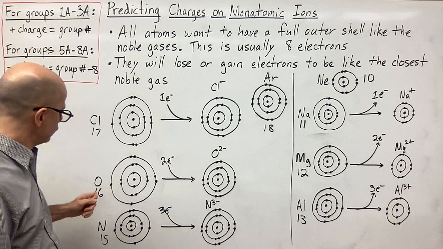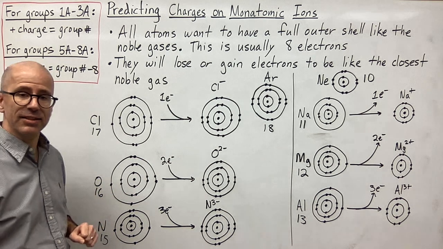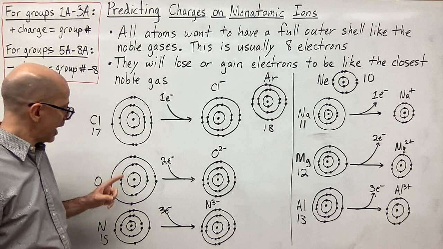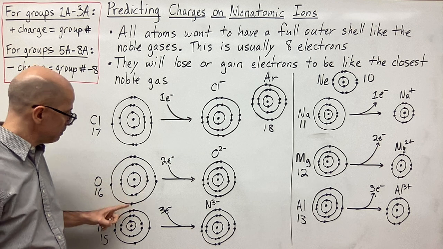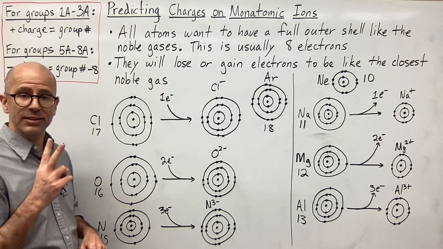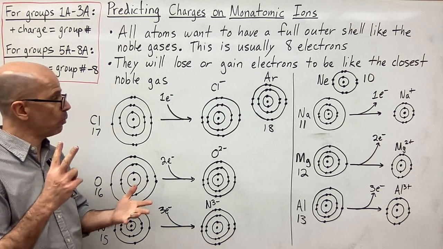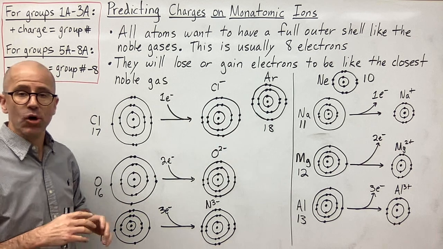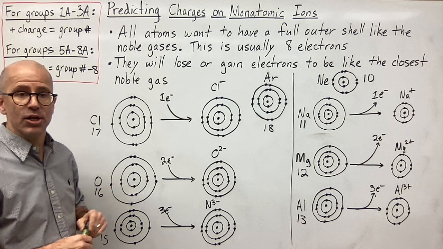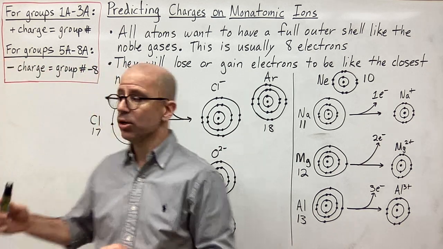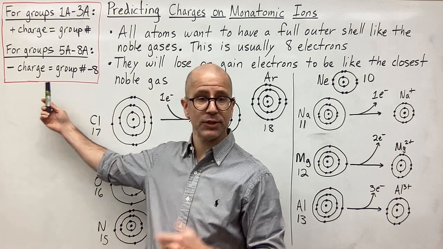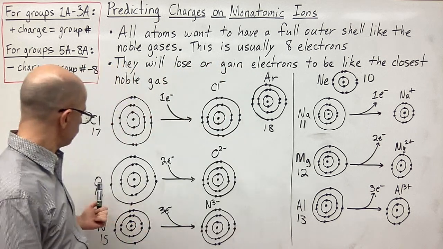Okay. Oxygen, group 6. So it's got 6 valence electrons. It gains 2 electrons to have 8, like its noble gas, argon. So then it has a -2 charge. So that matches with the rule here. Oxygen is group 6.